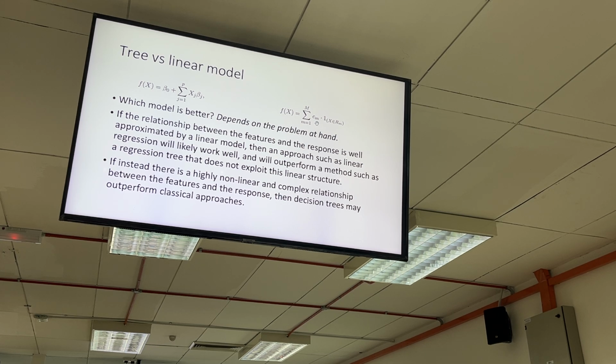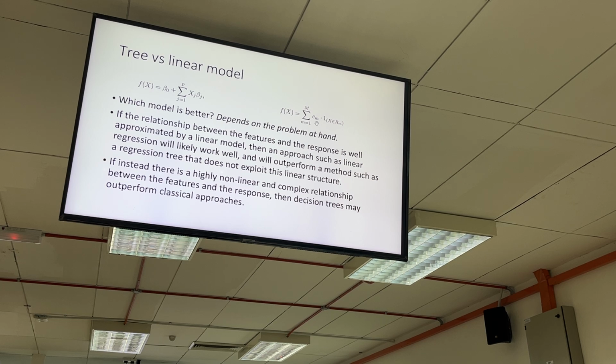However, according to this book, if the relationship between the features and the response is well approximated by a linear model, then an approach such as linear regression will likely work well. And it will outperform methods such as the regression tree that do not exploit this linear structure. So if we believe the relationship is linear, the linear model will be the best model.